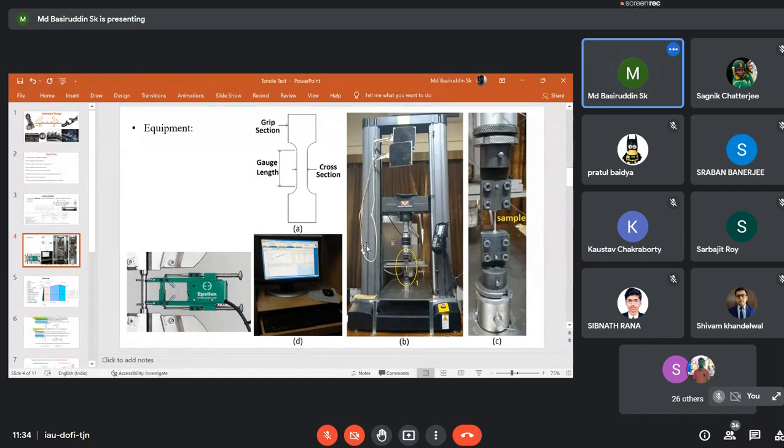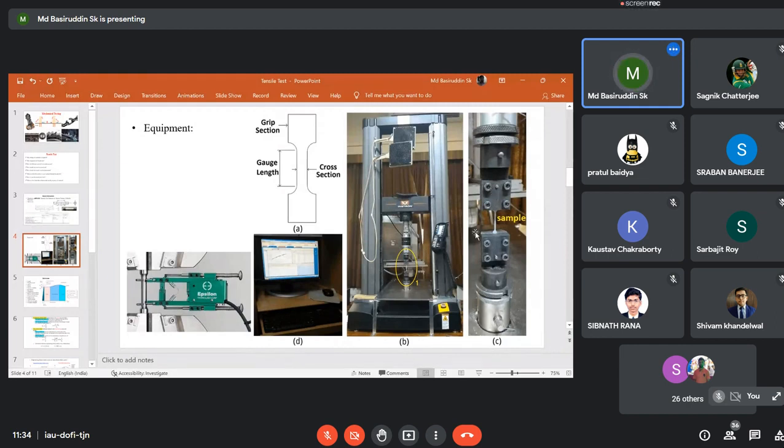There are two heads available and two grip portions, and these two grip portions, or the holder, decide which sample is suitable for the test.